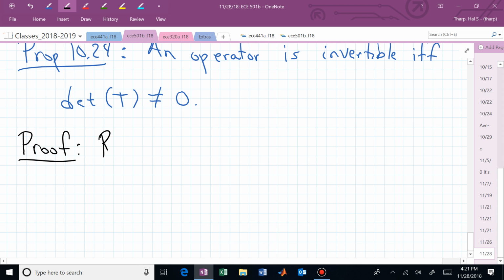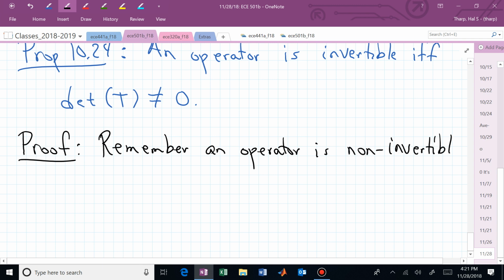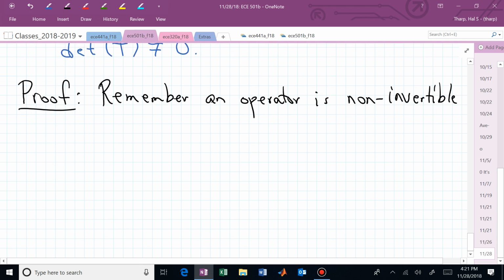Proof. Remember, an operator is non-invertible, meaning it doesn't have an inverse, if and only if it has a 0 for an eigenvalue. That was an earlier result.